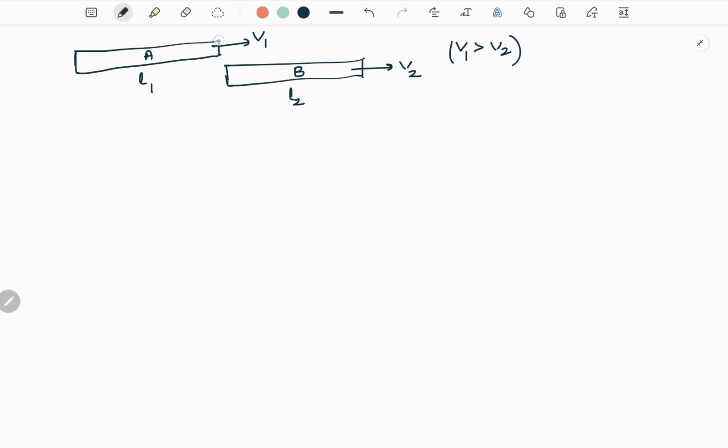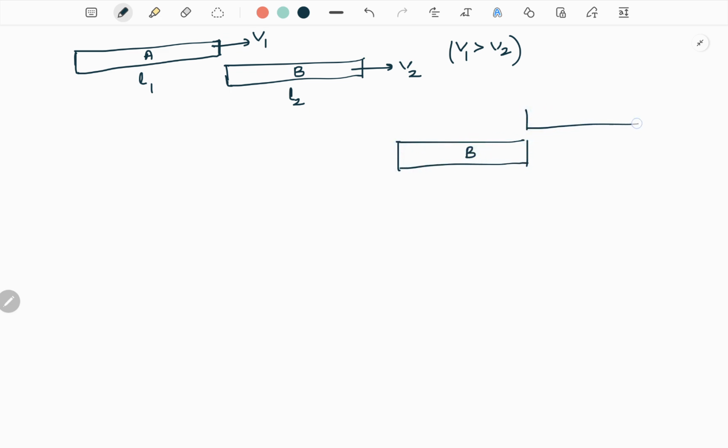At this moment, the front of train A is just adjacent to the back portion of train B. If A completely crosses, this is how the situation is going to be.